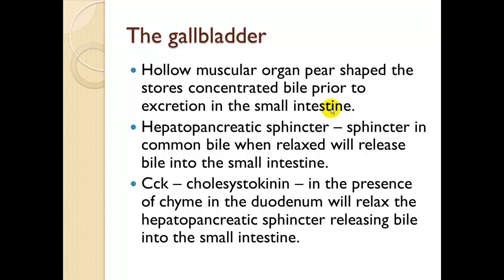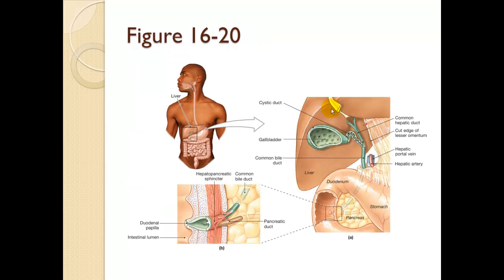And CCK, or cholecystokinin, in the presence of chyme in the duodenum, will relax the hepatopancreatic sphincter and release bile into the small intestine. So cholecystokinin is the trigger for the gallbladder to release its bile into the small intestine.